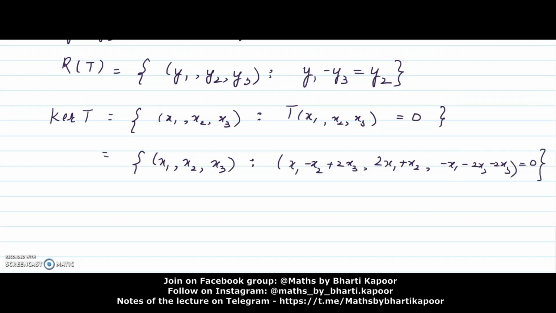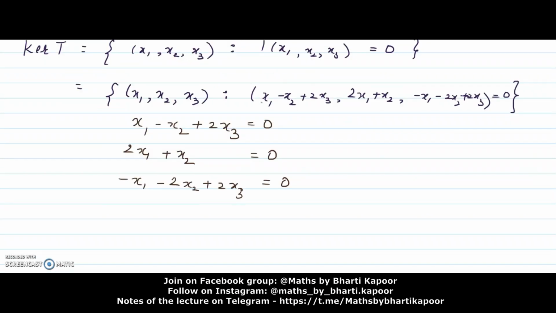This is the image of x1, x2, x3. Equate x1 minus x2 plus 2x3 equal to 0, 2x1 plus x2 equal to 0, minus x1 minus 2x2 plus 2x3 equal to 0. Now we have a system of 3 linear homogeneous equations. We will solve these equations for the values of x1, x2, x3.